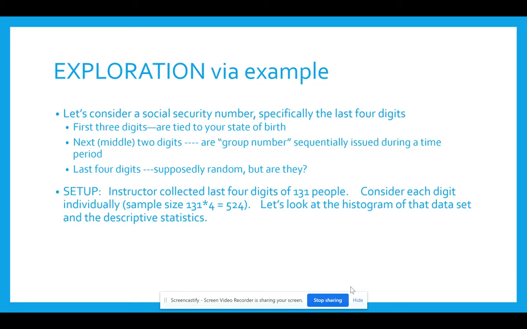From each one, I collected 4 numbers, the last 4 digits of their Social Security number, so I have a sample size of 524. We're going to look at those 524 individual data values, and let's see what happens.